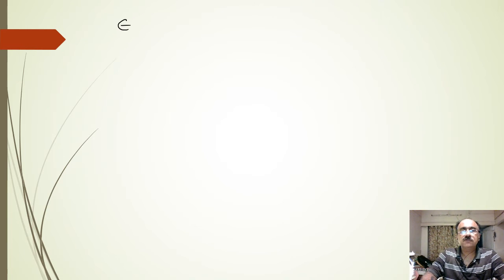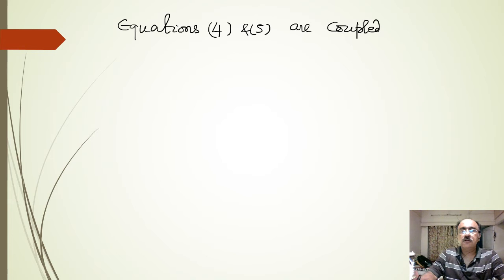Equations 4 and 5 are still coupled equations, and we need to uncouple them. Why?